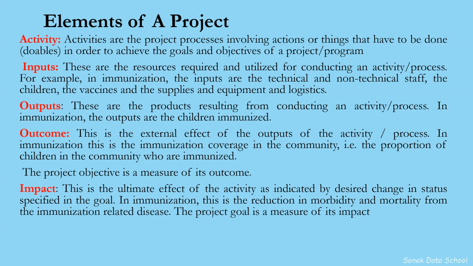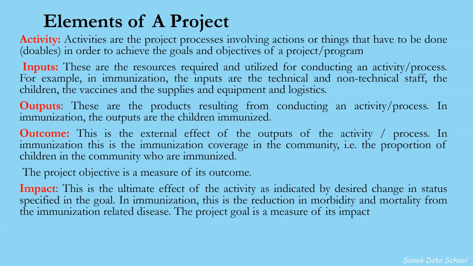Inputs are the resources required and utilized for conducting an activity. So it means for an activity to be conducted, there is need to have resources. Outputs are the products resulting from conducting an activity or process.